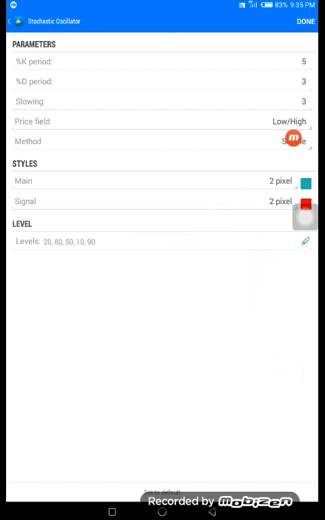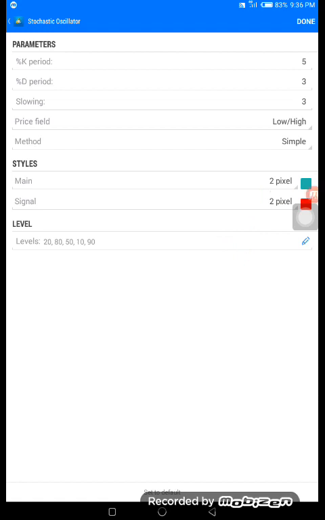This is the default setting of the stochastic oscillator. This is a default setting. This is also a default setting. The default setting will be 4 pixels and 4 pixels, but this one is 2 pixels. The last time I used this stochastic, this is the pixel I used.